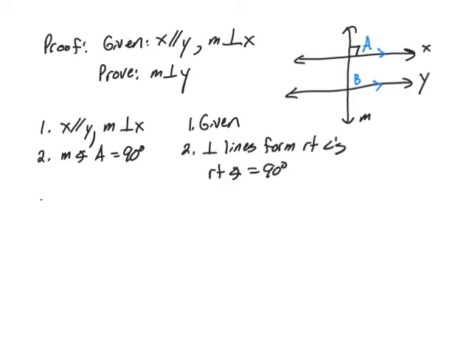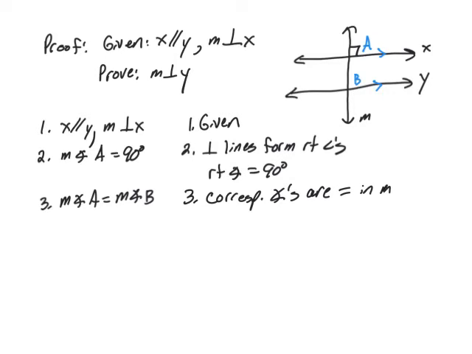All right, then we're going to use the fact that these two are corresponding angles in parallel lines, and we know they are equal to each other. So I know that the measure of angle A is equal to the measure of angle B, because corresponding angles are equal in measure or congruent. I'll say equal in measure since I'm using the equal sign.